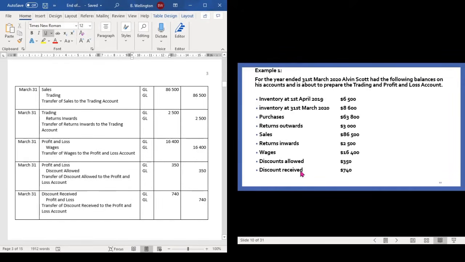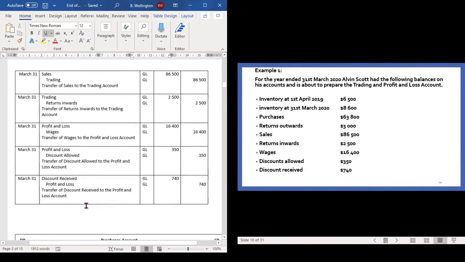The discount received would have had a credit balance on it. So in order to transfer the amount from the discount received, you're going to debit the discount received account. Here it is, debit the discount received account and credit the profit and loss account with the $740. And the narration will say transfer of discount received to profit and loss account.